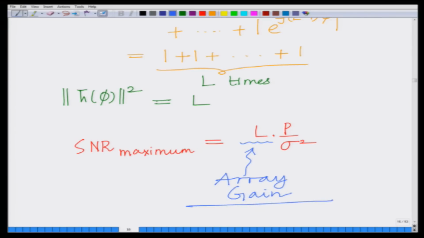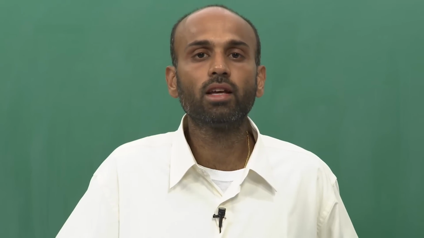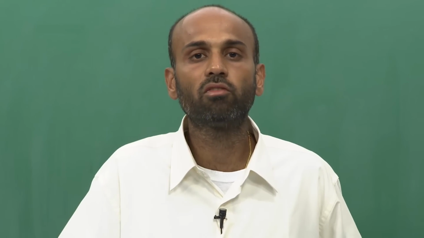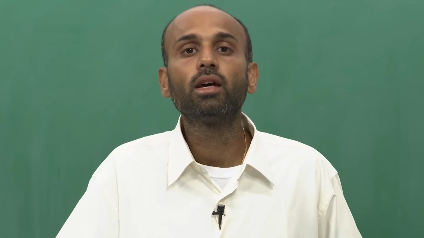So, what are we seeing? We are seeing something very interesting. The maximum SNR is given as norm of h bar phi whole squared times P divided by sigma squared, but norm of h bar phi squared we have seen is L. So, the SNR at the output of the beamformer is L times P over sigma squared.